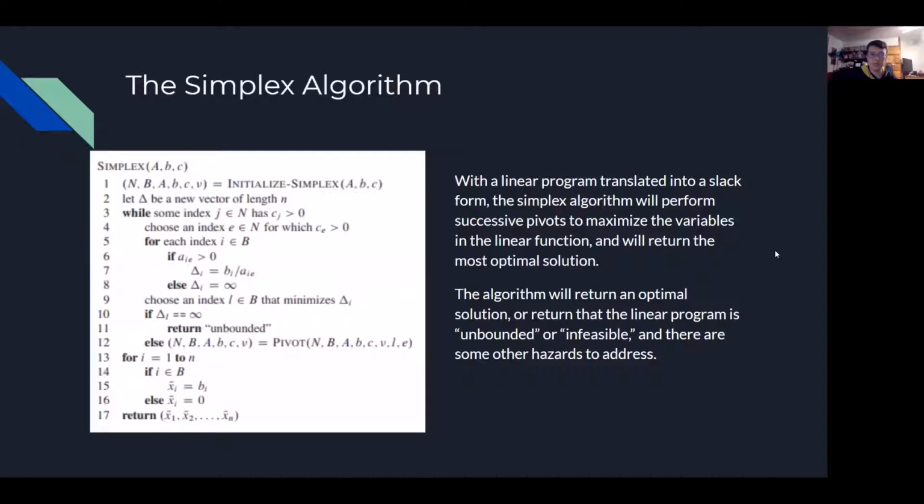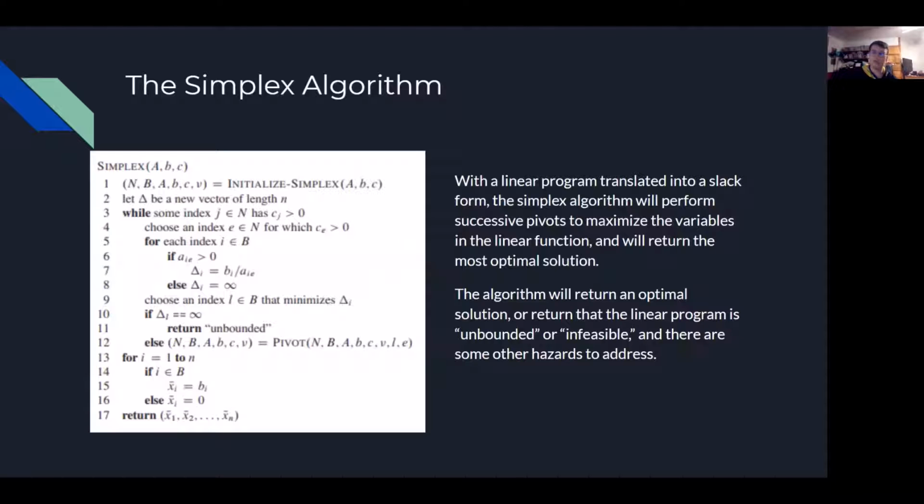So now that we did that, I'll show you what the pseudocode for the simplex algorithm is from our textbook. With a linear program translated into a slack form, the simplex algorithm will perform successive pivots to maximize the variable in the linear function and return the most optimal solution.